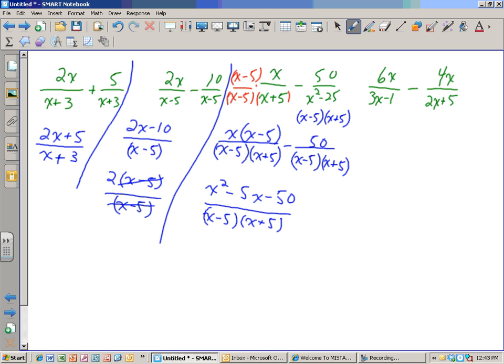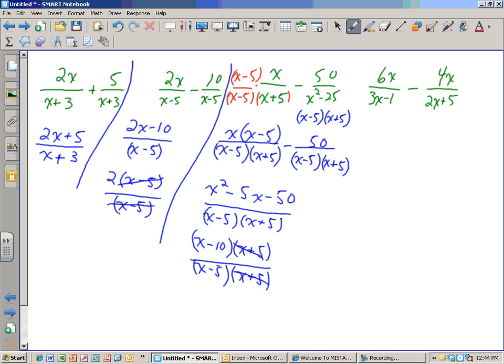To see if it reduces, factor. So I'm going to factor the numerator, x minus 10, x plus 5, over x minus 5, x plus 5. Okay, do you follow me? The x plus 5's cancel.